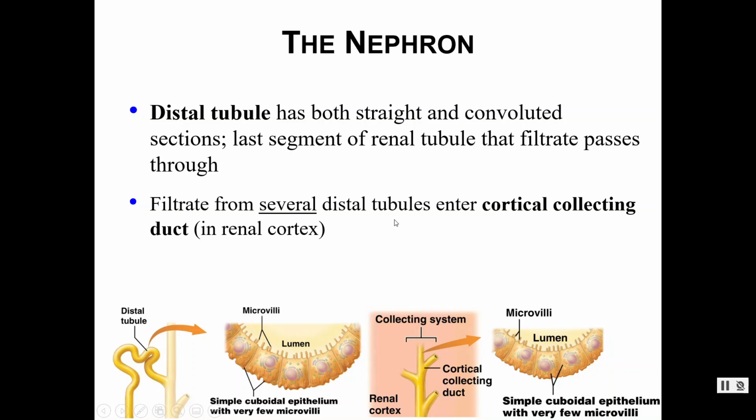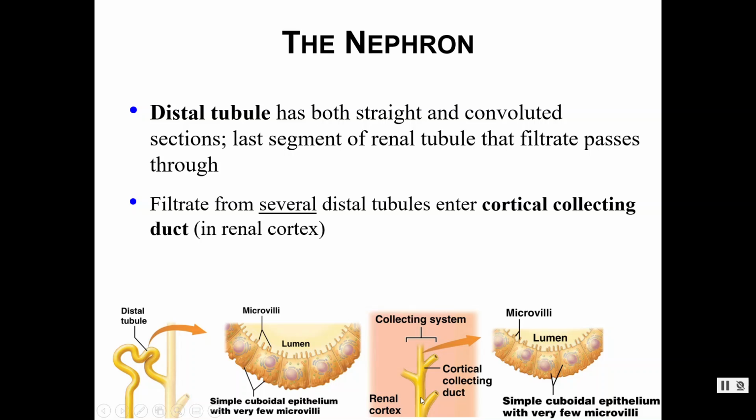Several distal tubules will all empty into the collecting ducts, also known as the cortical collecting ducts, because they are in the cortex. Here you can see these little branches. These would be the ends of the distal tubules. You can see how several distal tubules will dump all of the fluid into one collecting duct.